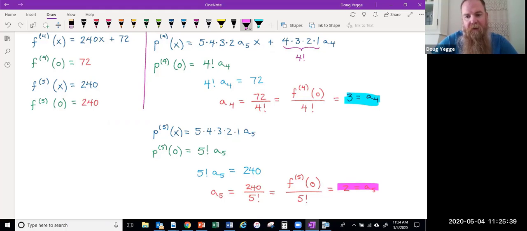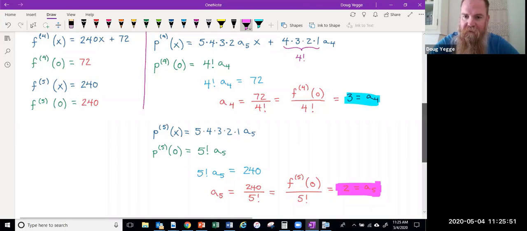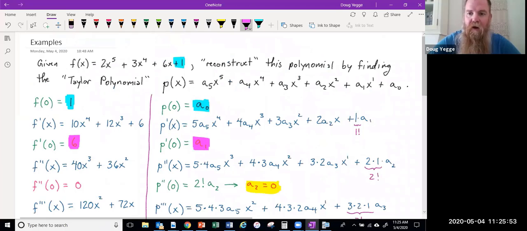Now this might not seem too surprising or exciting until you realize what we just figured out. What we just determined is that if I didn't want to go through all of this process, all I needed to find were the coefficients of each of my polynomial terms.